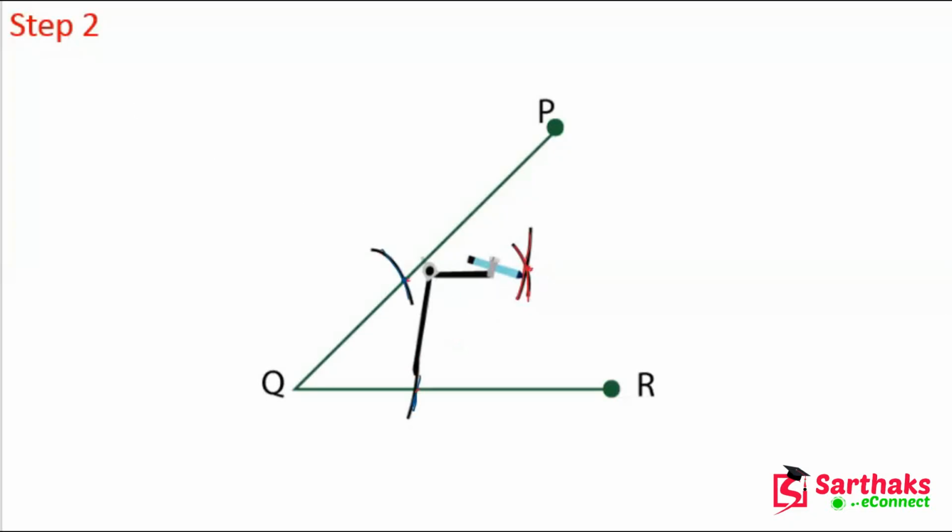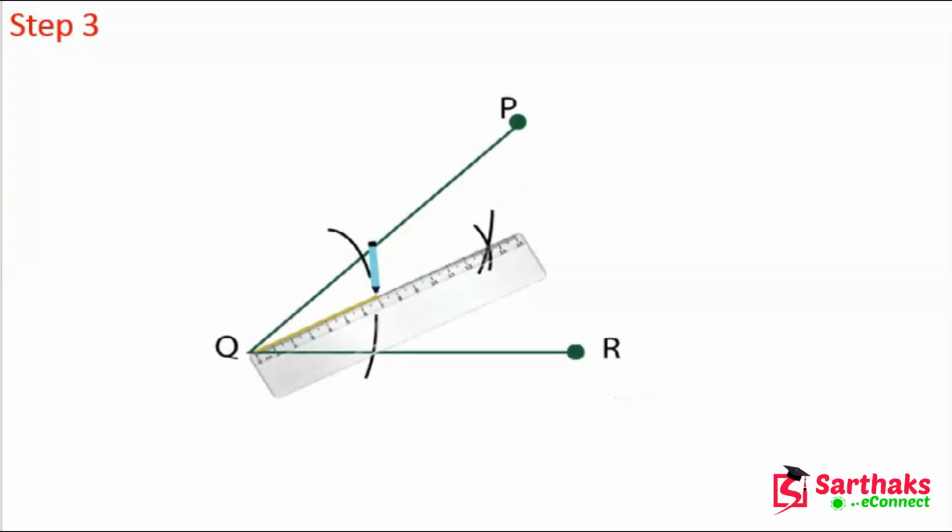Step number 3: with the help of a ruler, join point Q to the point where the arcs intersect. Using a ruler, draw a line from point Q through the intersection of the arcs.